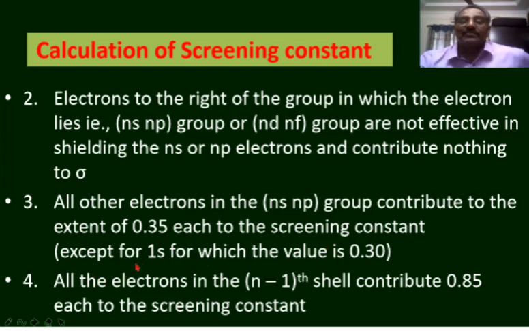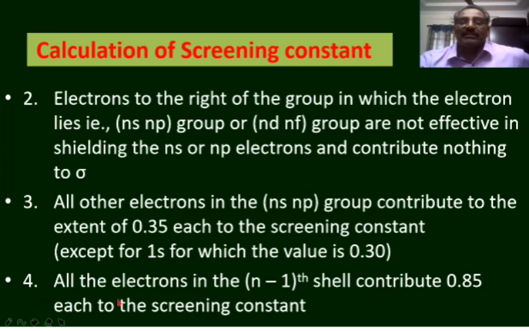In the case of 1s electron, that is for helium atom, the contribution of the electron in that ns orbital, that is the last orbital, is 0.30 only. This is applicable only for helium.